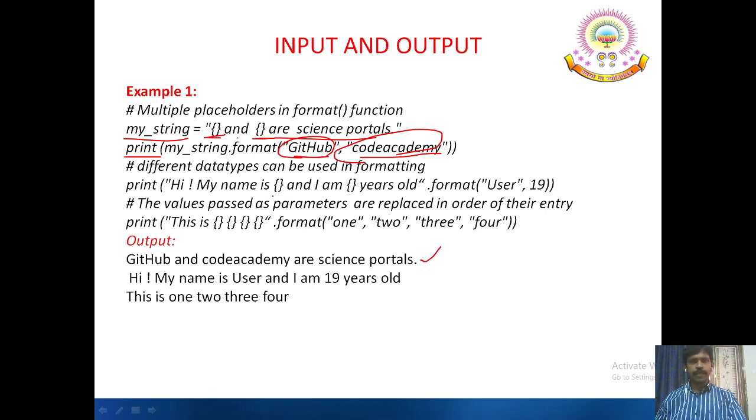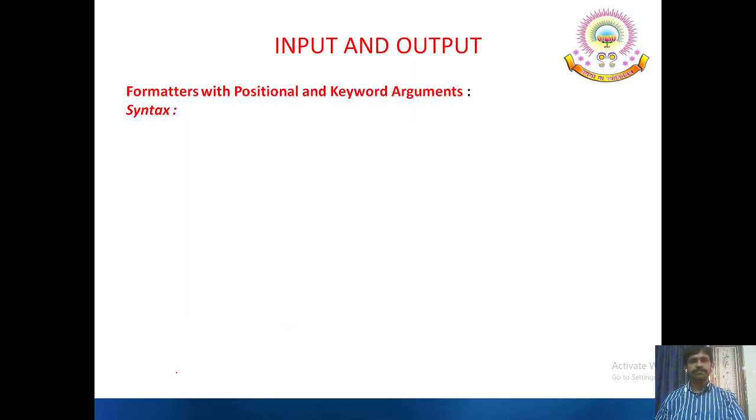In the second example, there are two braces available. For the first brace, user is generated, and for the second brace, 19 is generated. See the output: user and 19. Similarly, this is brace dot format 1 2 3 4. So 4 values were specified, and 4 braces are replaced.